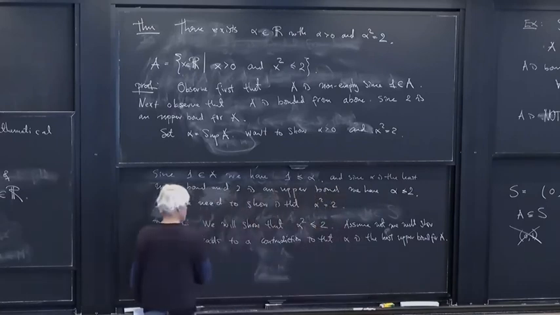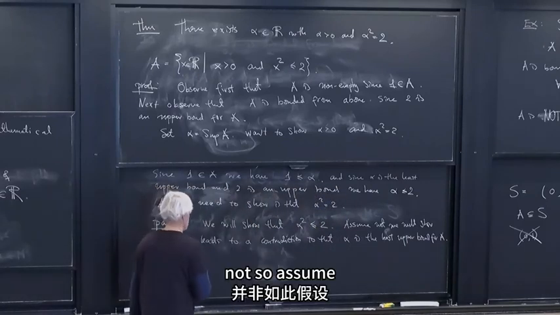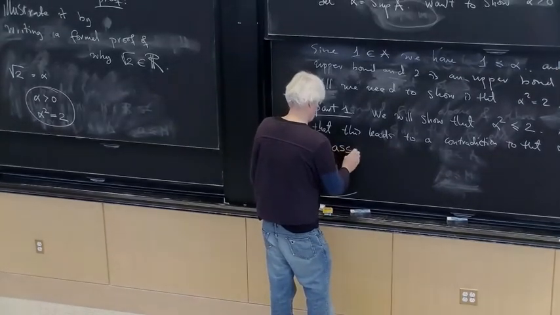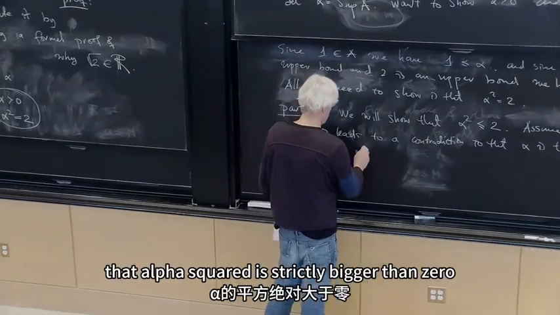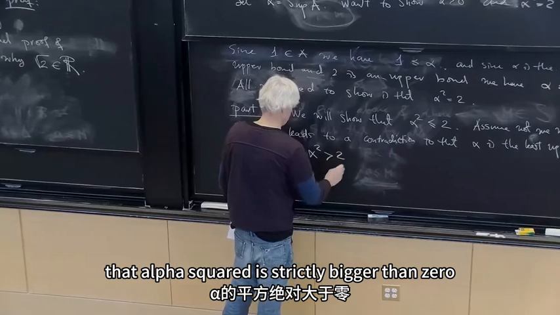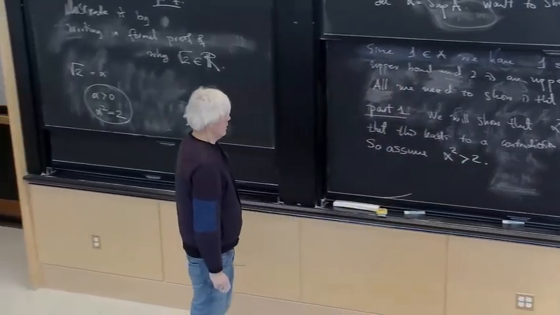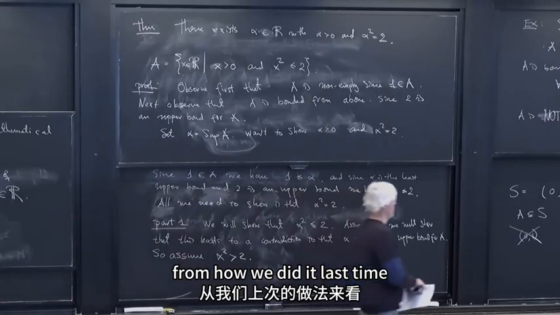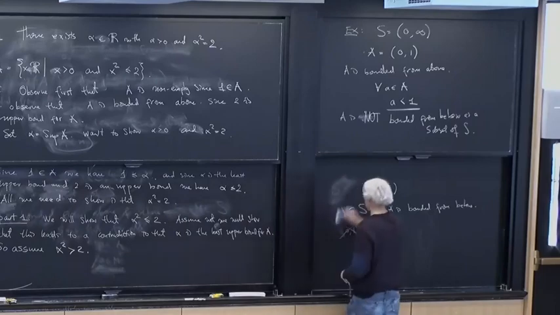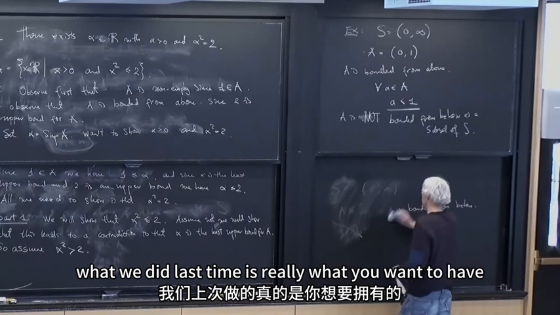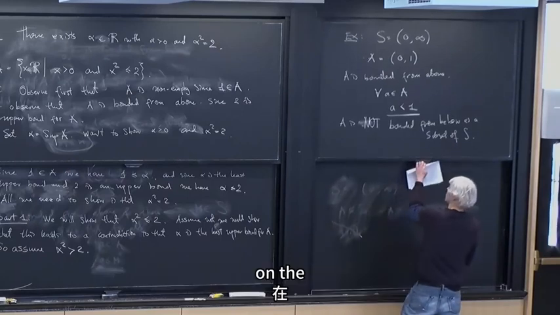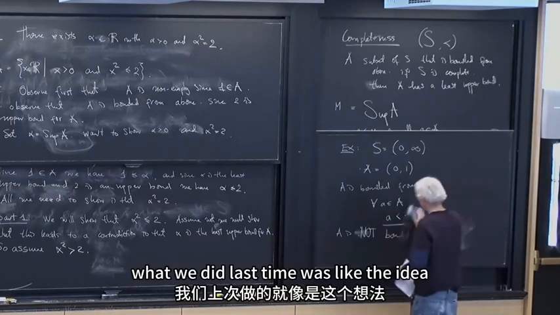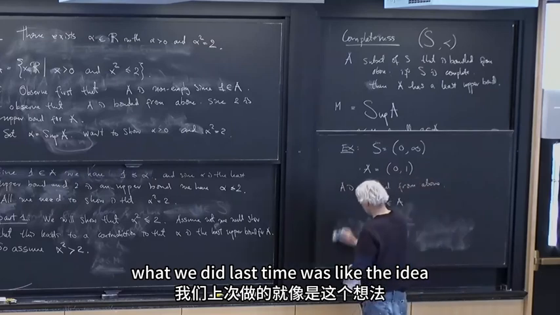So we assume not, so assume that alpha squared is strictly bigger than 2, right? Then, and this is where it deviated more from how we did it last time. What we did last time is really what you want to have on the scrap paper. That was the idea.